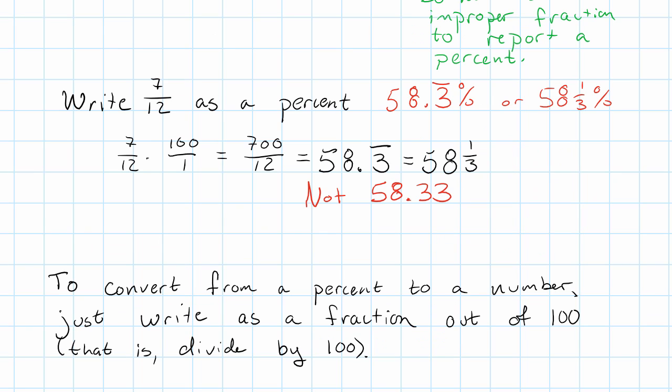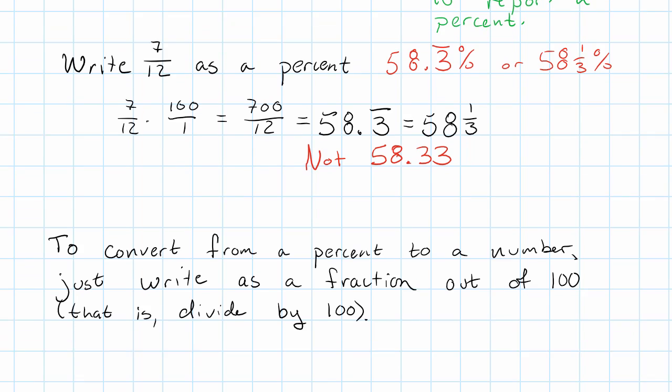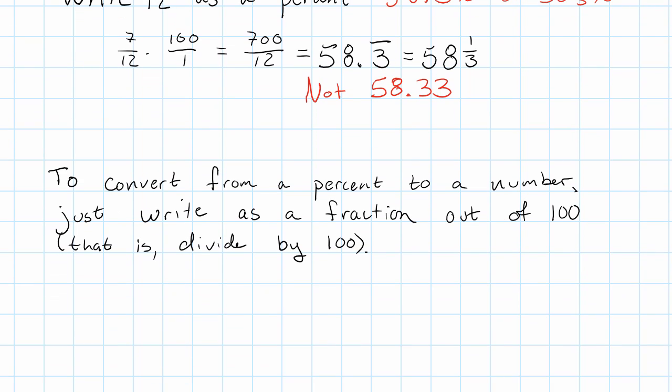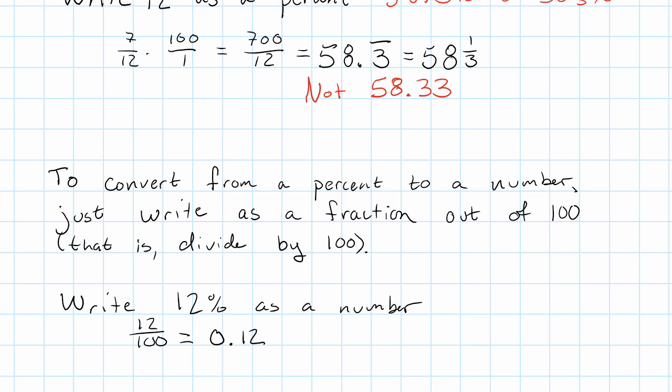To write a percent as a number, just write as a fraction out of 100. So if we have 12%, we'll write that as 12 out of 100, right? But 12 out of 100, that's 12 hundredths. That's just 0.12, right? 2 zeros in the denominator means 2 digits after the decimal point.